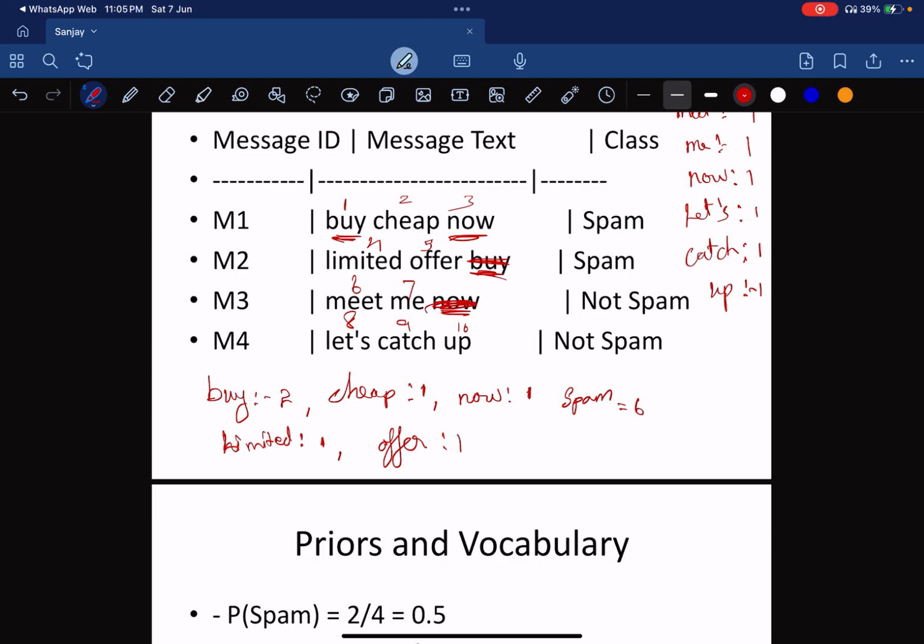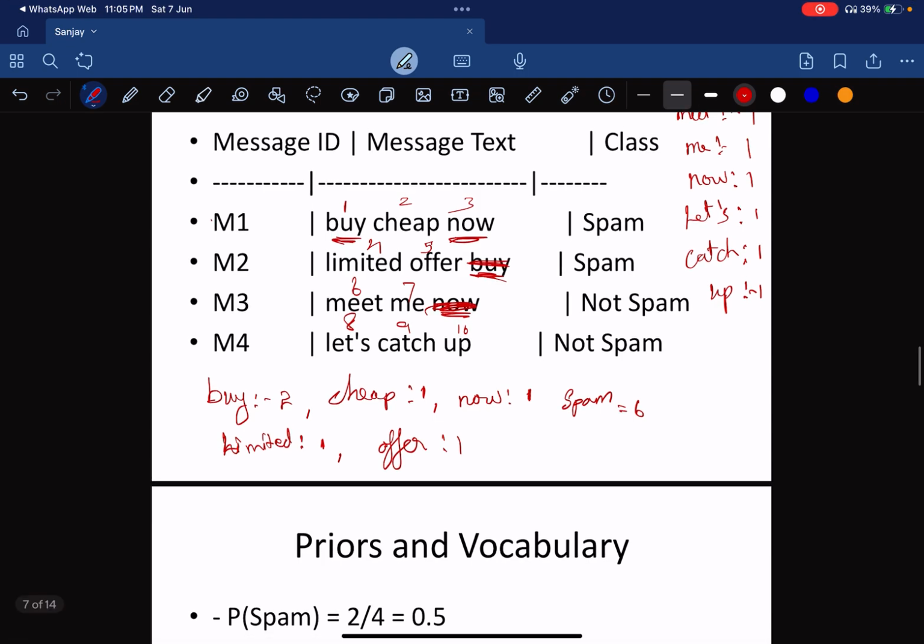For that, we take the entire data set and the number of data labeled as spam and the number labeled as not spam. Here there are four documents, and two of them are spam and two are not spam. They are equal, so there is an equal probability of the data belonging to each class.